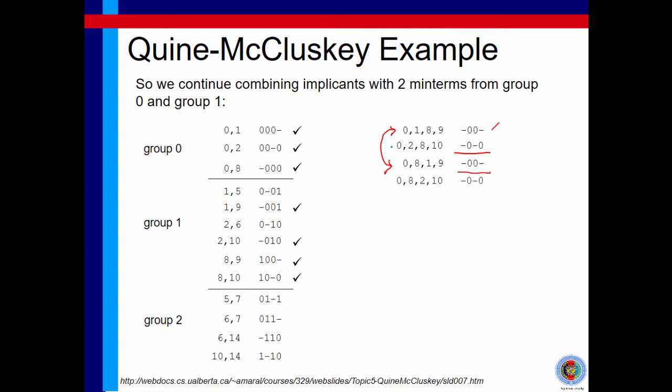And obviously, the combination of minterms 0,8 and 2,10 is also going to give another identical 4-minterm implicant, which is this one. You can tell this by looking at the notation of the implicant. They are the same, dash 0 dash 0. We will only take one of the identical notations.